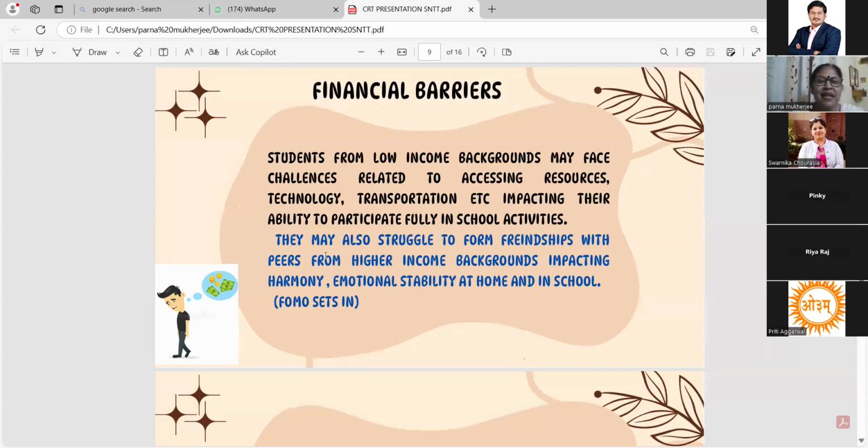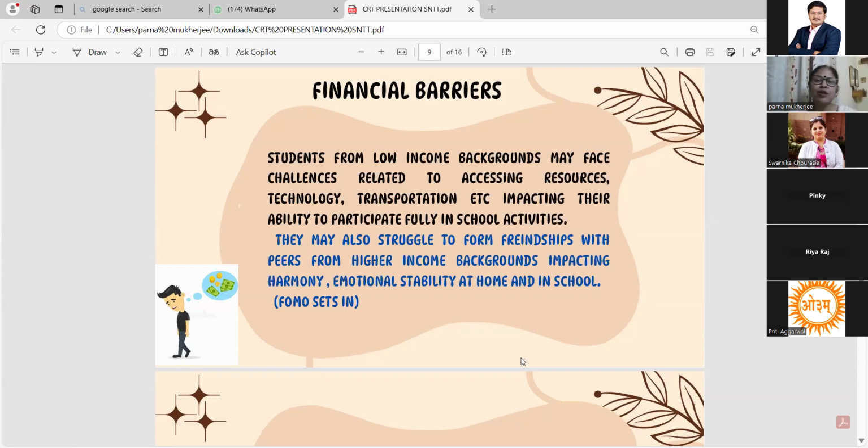Now, the other thing is that they also may struggle to form friendships with peers from higher income backgrounds, impacting harmony and emotional stability at home or in school. For example, a student throws a party and his friend from a different cultural and financial background wishes to join the party, but withdraws from it, thinking that he will not be able to do the same because his parents may not be able to.